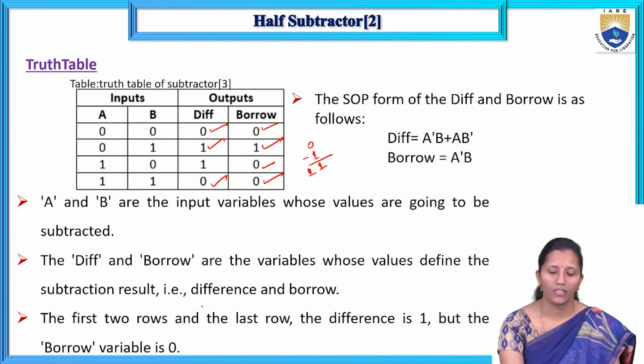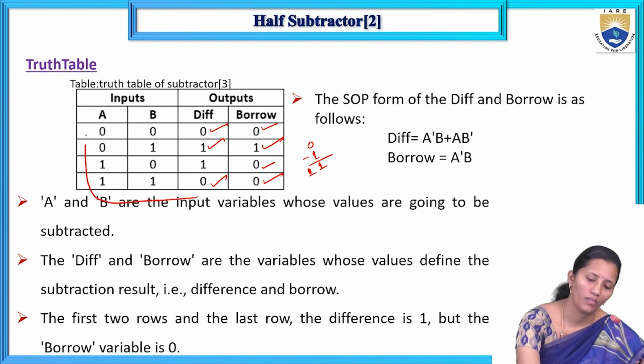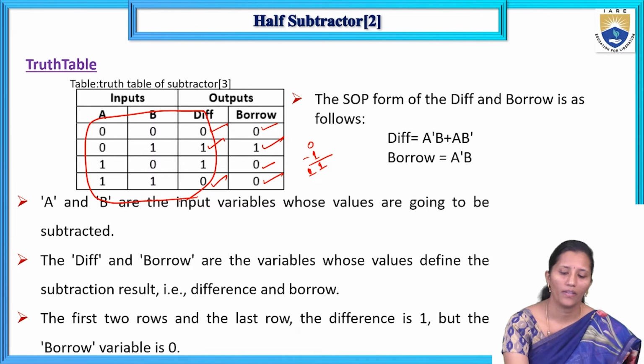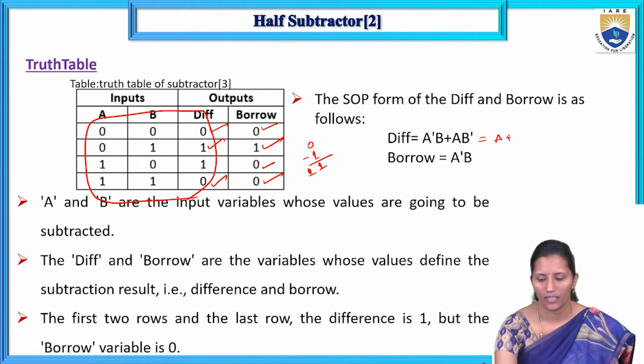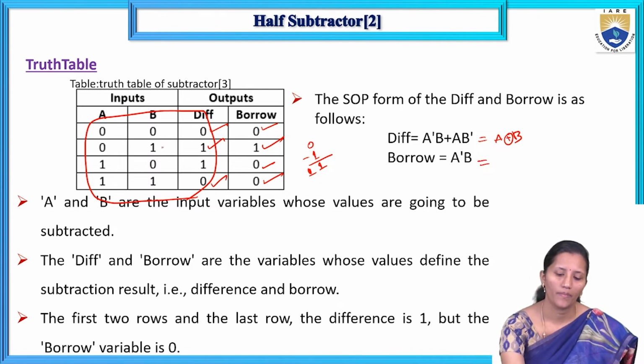So if we observe the truth table, for the difference, if both inputs are the same we get 0, and if the inputs are different we get 1. So it is simply A XOR B. For borrow, if you observe, for A 0 and B 1 we get 1, otherwise it is 0.